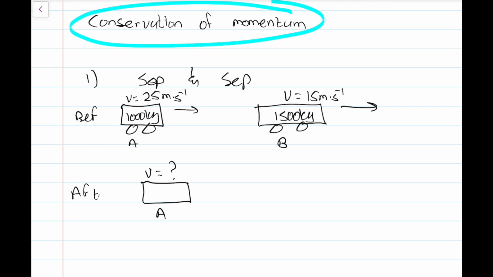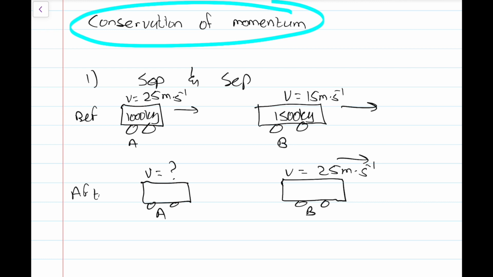But B ends up going off faster. I'm going to say B ends up going off at, let's say, 25 meters per second.